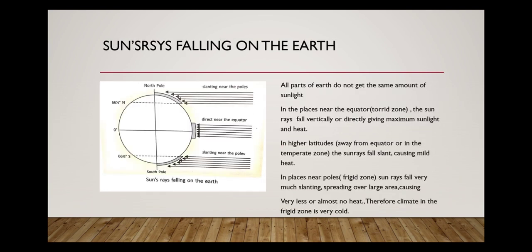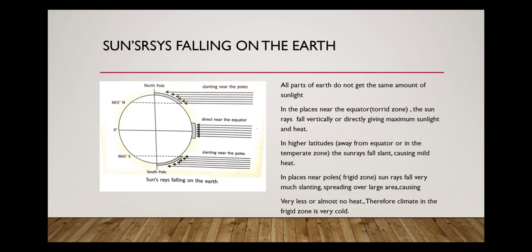Children, as we have already discussed in the previous slide, the sun rays fall differently on different parts of the earth. All parts of the earth do not get the same amount of sunlight and warmth. In the place near the equator, that is the torrid zone, the sun rays fall vertically or directly, giving maximum sunlight and maximum heat.